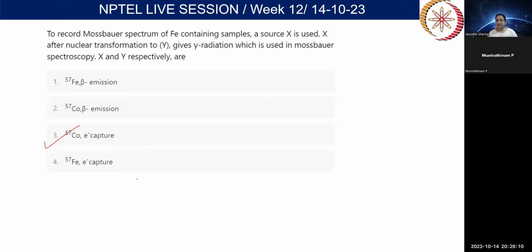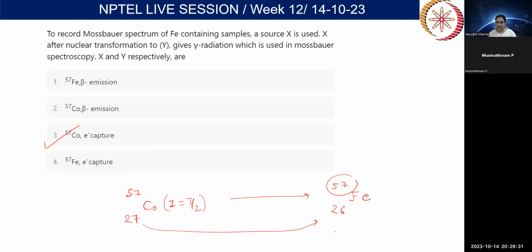So we wanted to have an excited state of iron. We start with this cobalt 57, atomic number 27, and that is I equal to 7/2. It gives us iron 57 because we want mass 57, only mass-wise, but the atomic number is 26. So what is this? This is a capture of 1 electron, and therefore we get 26 over there.